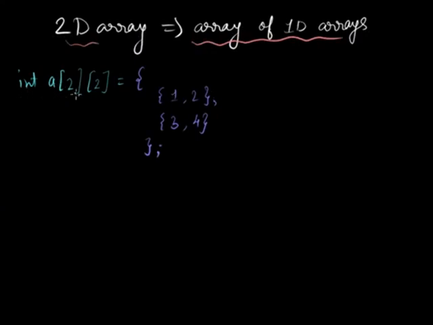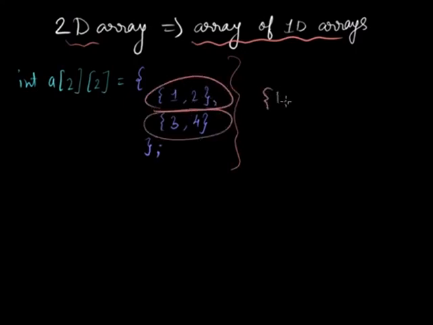So we have this 2 by 2 array, which contains 2 rows and 2 columns. Now this is nothing but one array and second array. So 1, 2, this is the first array, 3 and 4, this is the second array. So array of arrays. Right.